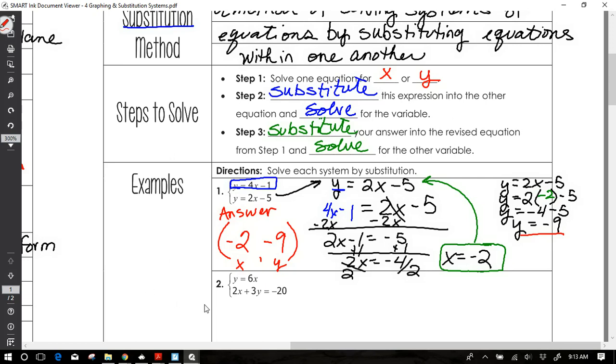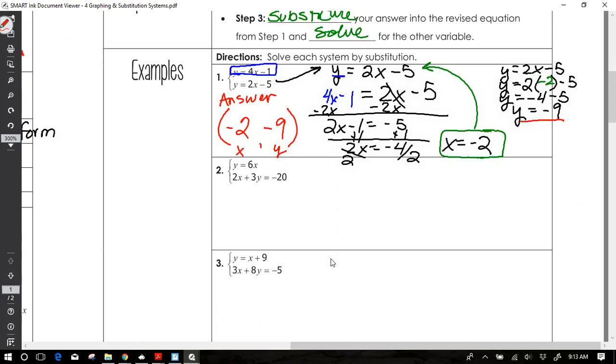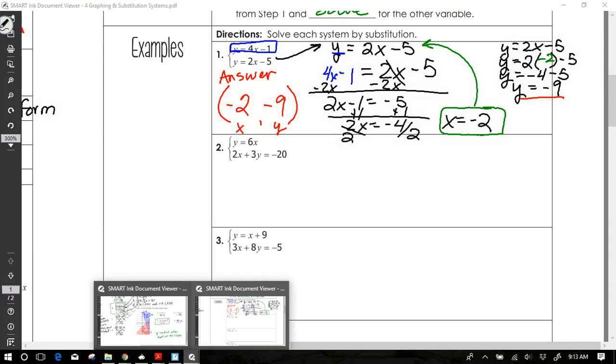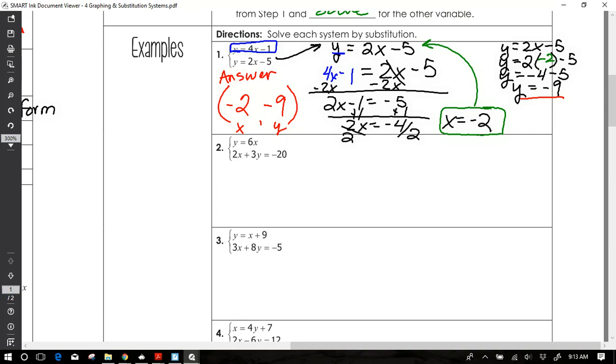So let's do another one of those. Okay, so I need to have at least one equation already solved for one variable, which I do have. And so I am going to take that bottom equation. Let's see, the y variable here is all by itself.